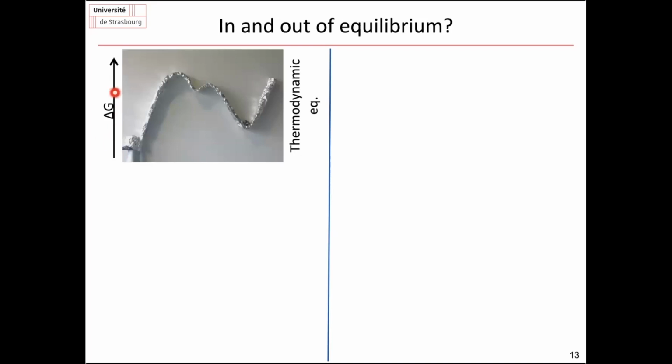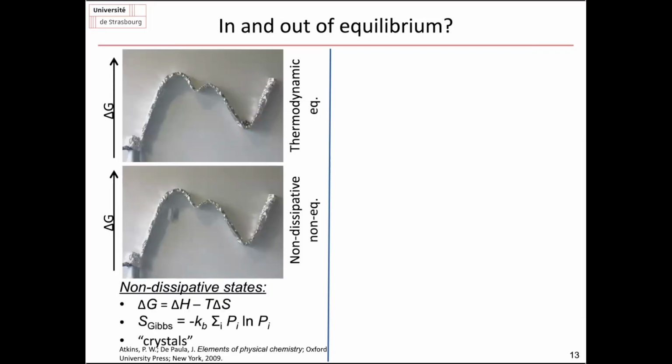So if we look at the Gibbs free energy, and we have the lowest point in the energy landscape, that's the thermodynamic equilibrium. If we look, there are other states, right? There are local minima. So this is a kinetically trapped state.